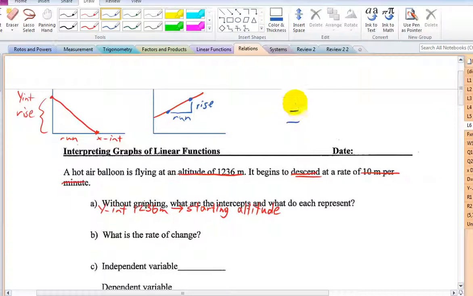Your squares here might be going up by 800, which means that each square represents 400. Okay, and your x's maybe are going up by, well, maybe they have a 40 here for your x's, so each square represents 20. So you gotta read your scales. Don't just do this blindly. Okay? Read your scales.